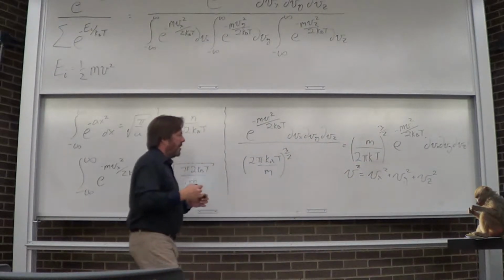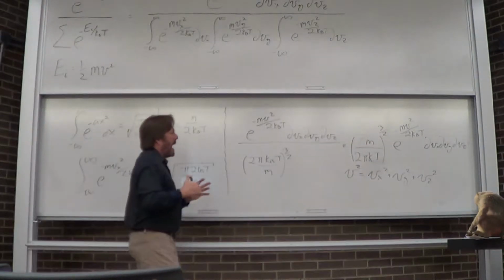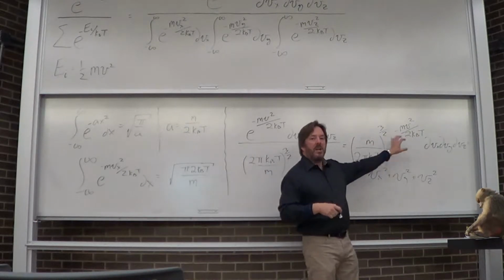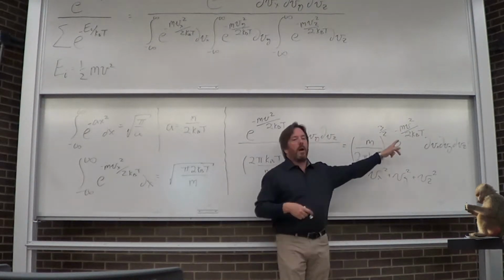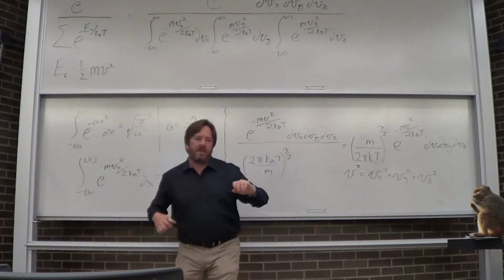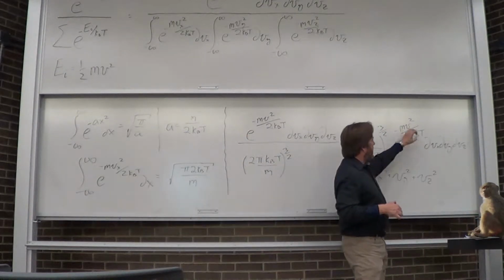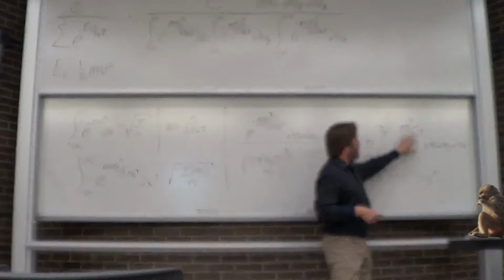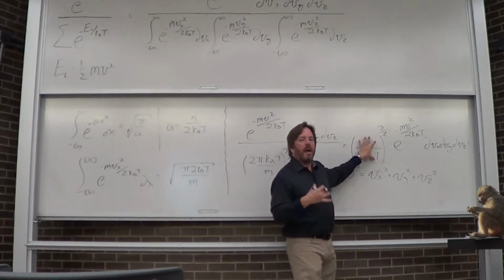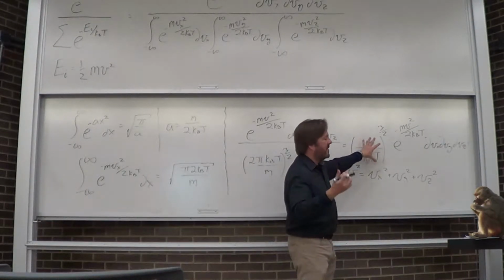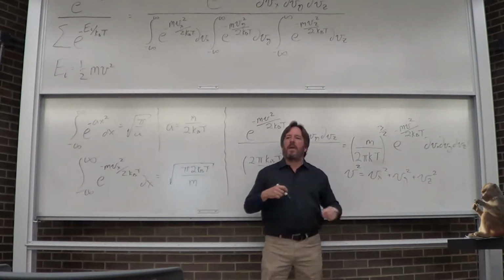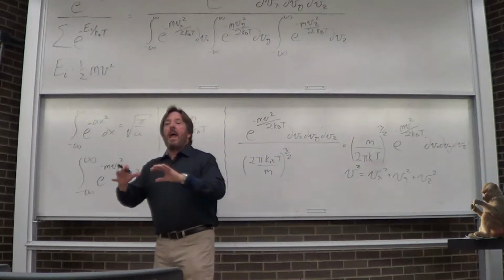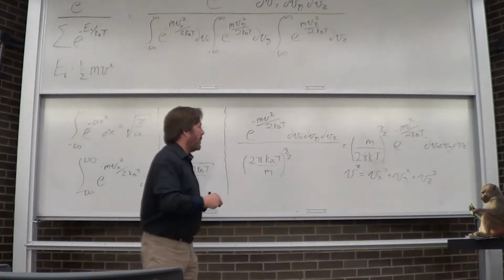Okay, now on your homework, I have you work problems with this equation, and you plug vx squared plus vy squared plus vz squared into this part here. So remember, this is like the numerator part, this is the denominator part. I bring that up a lot. I should have emphasized that before. So this numerator part on your homework, I have you plug that in and you do some manipulations. And I will do an example in the next hour.